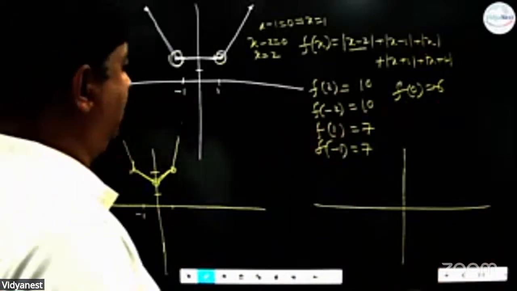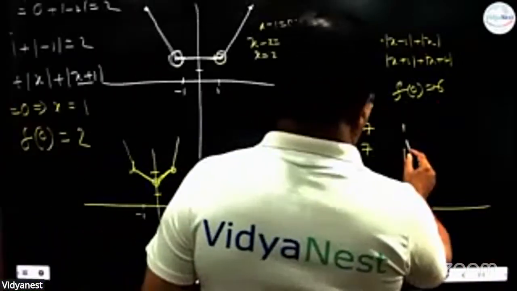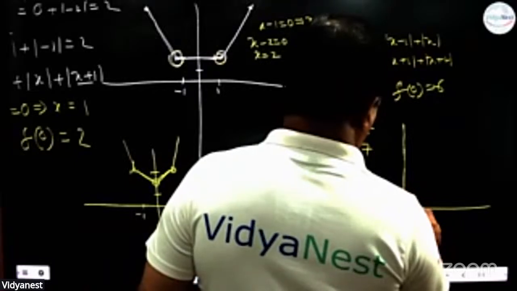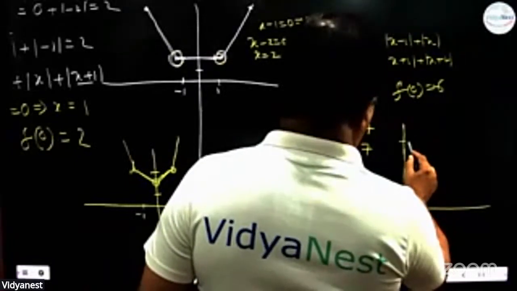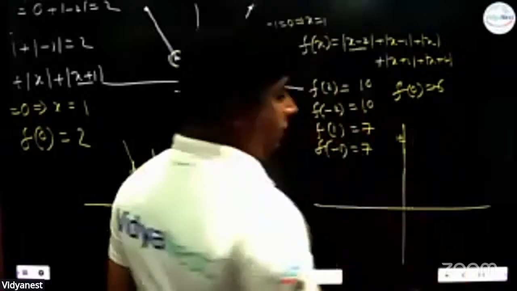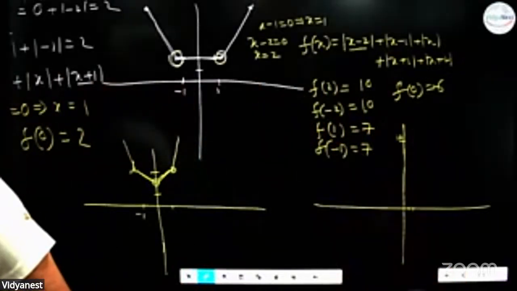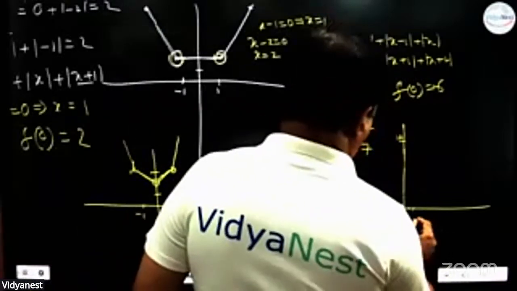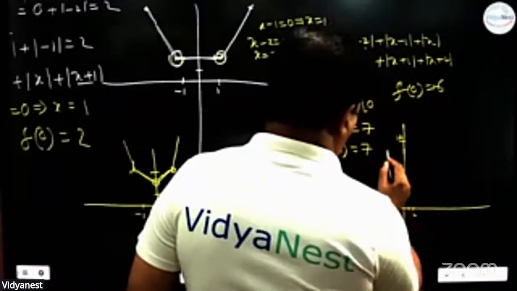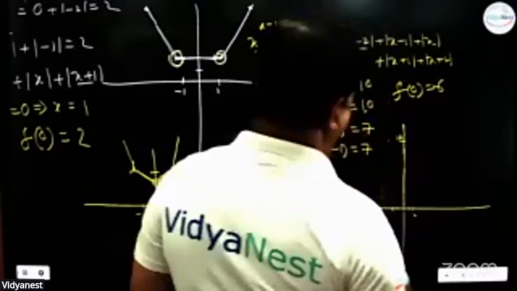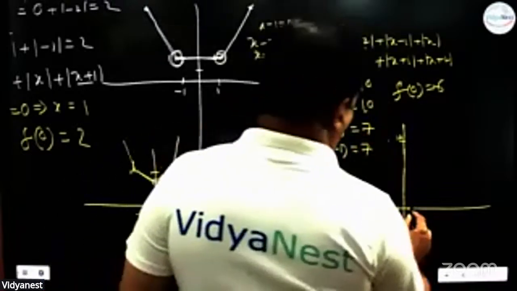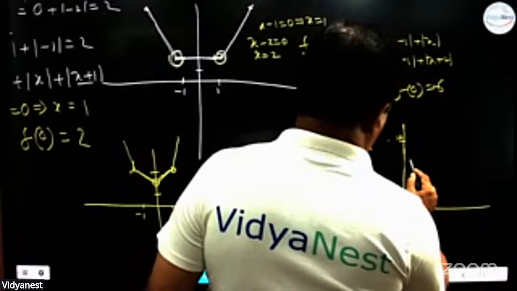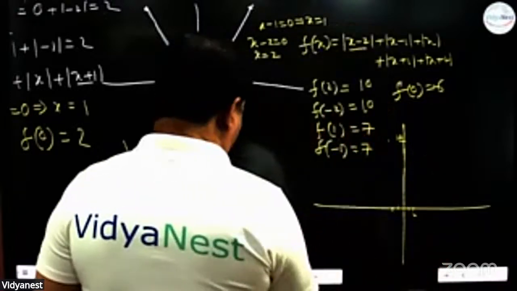See, in f(2) it is 10. Yes, sir. Minus 2, that is also 10. Plus 1, better you take it a little bit wider.